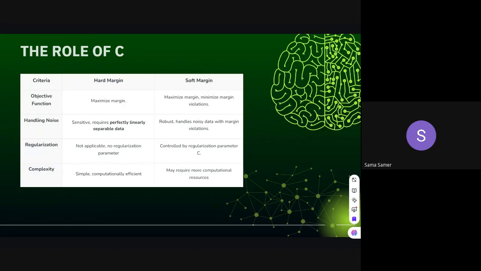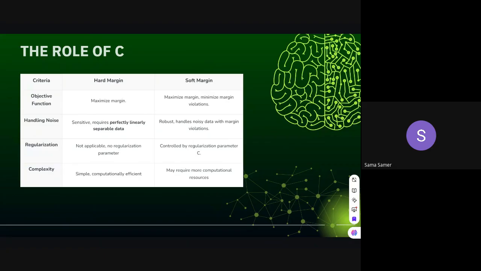Regularization here is not applicable. Complexity is simple and the computation is efficient, but you must make sure the data is perfectly separable. How would I know this before entering the model? This will appear in our visualization.